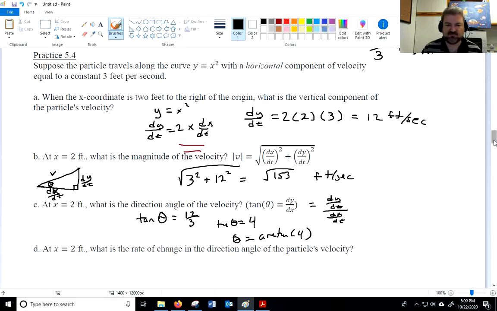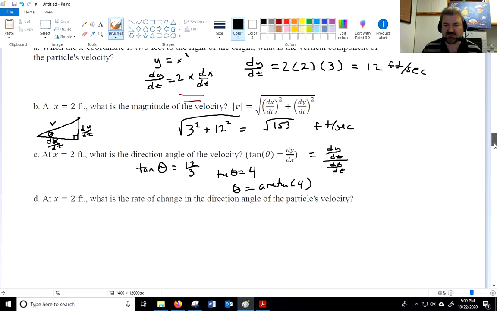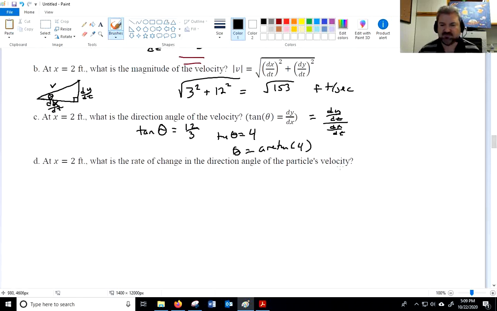So at x equals 2, what is the rate of change in the direction angle of the particle's velocity? Oh, okay. So we know that tangent of theta is equal to dy/dx. So we could say secant squared theta d theta/dt is equal to the derivative here with respect to time.